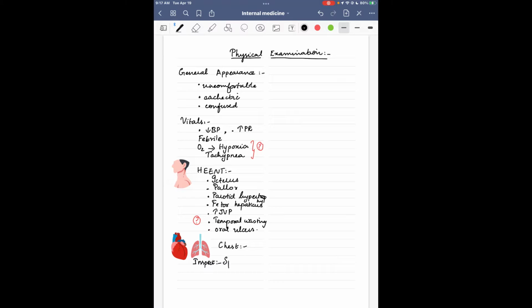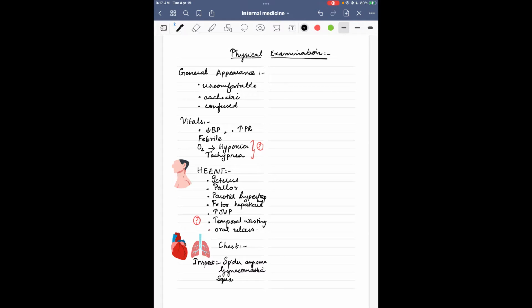Spider angioma. A tip here is that spider angiomas are usually seen above the level of the umbilicus, and are not seen below. And then gynecomastia, and then squaring of shoulders.